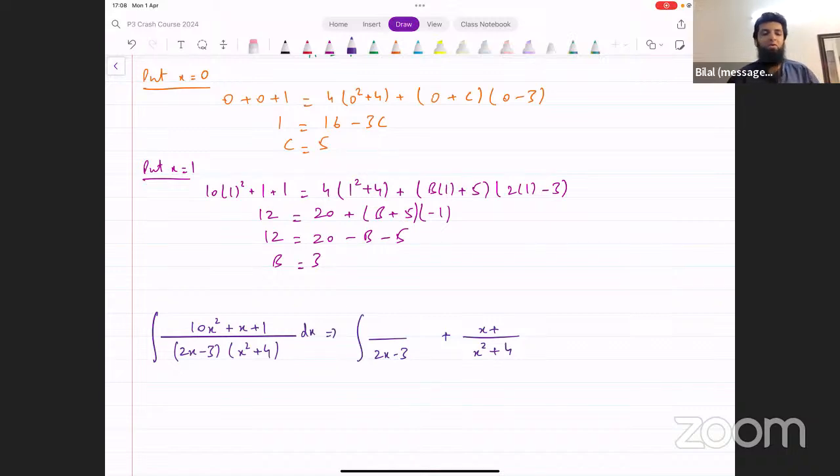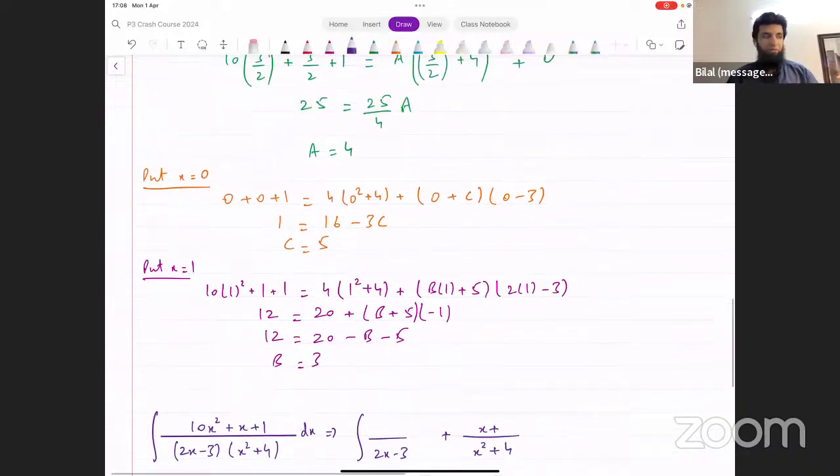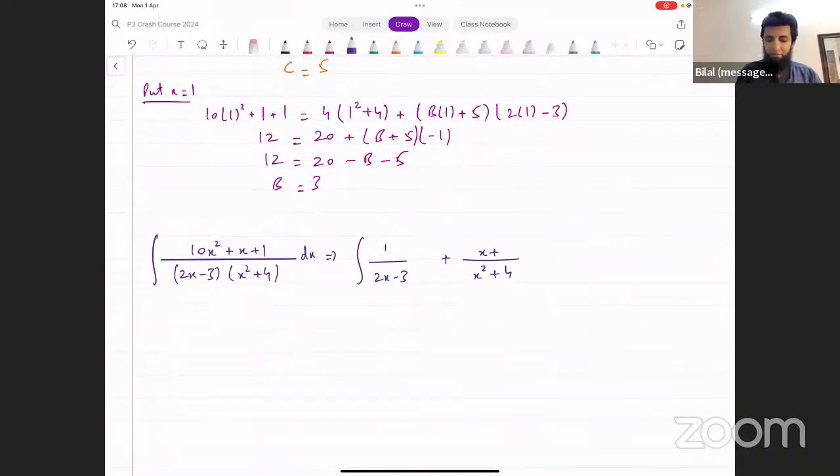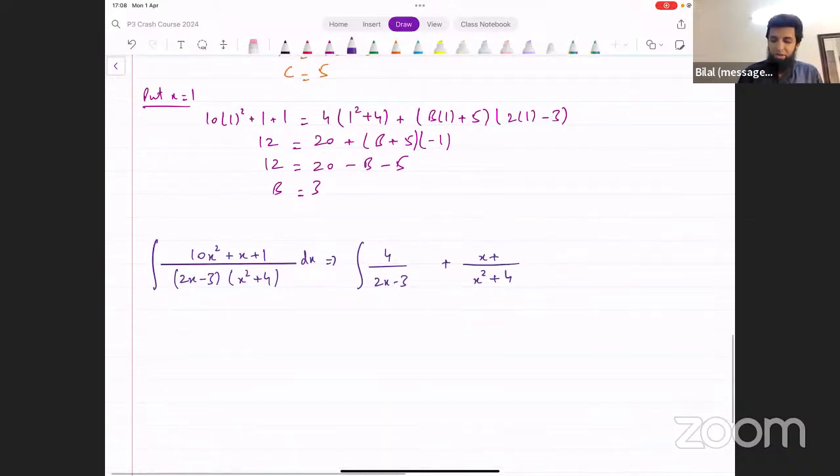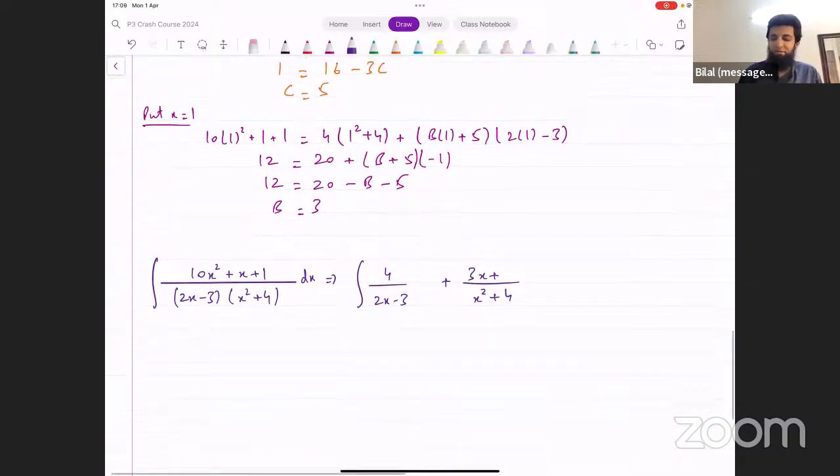We have broken it down into two parts. The value of A is 4. So we have 4 over 2x minus 3. B is 3. So that's 3x. C is 5. 3x plus 5. We need to integrate each of these fractions separately now.